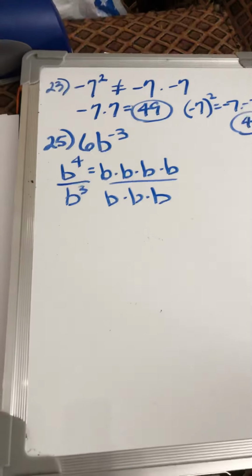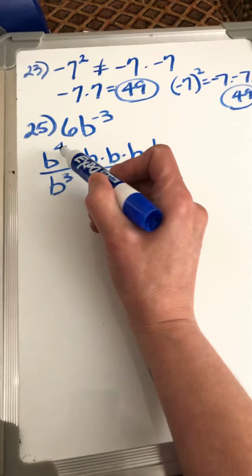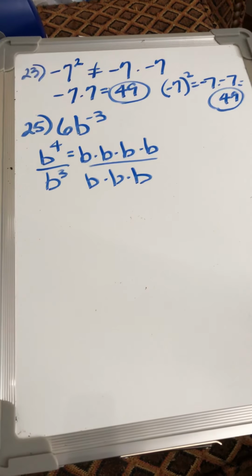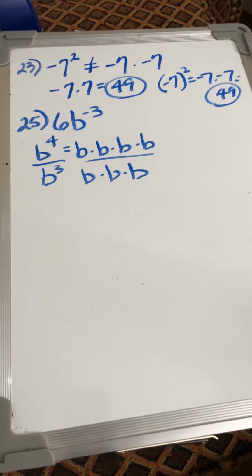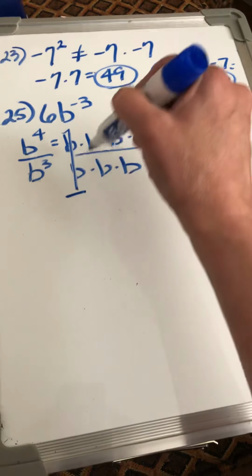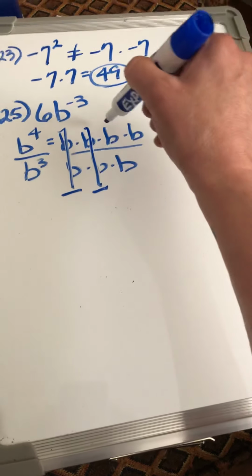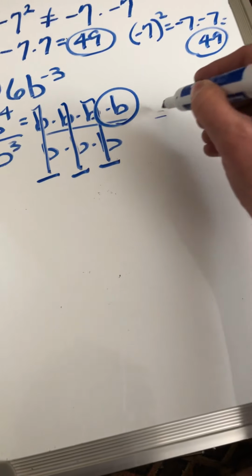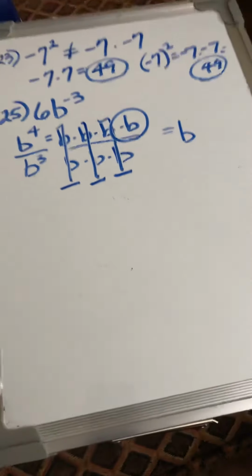Because this is really an action. It's not really a number, it's an action. That's why I have b multiplied by itself 4 times. Well, anything divided by itself is just a 1. And so I'm left with b. Right?